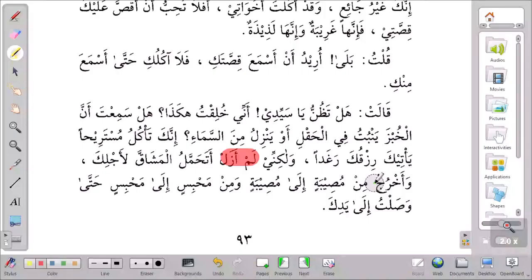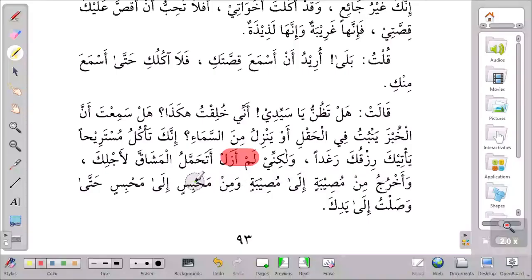I keep going from calamity into calamities. I get out of this calamity, then I enter another calamity. I get out of it, and I'm just entering into another one. So that's what he's saying. Wa akhruju min musibatin ila musibatin.